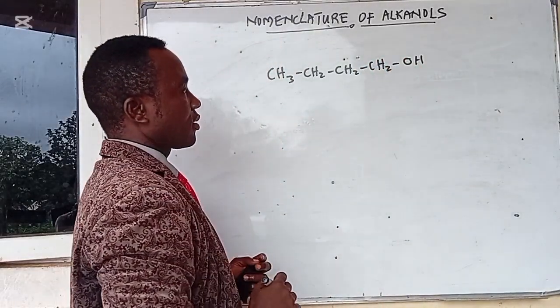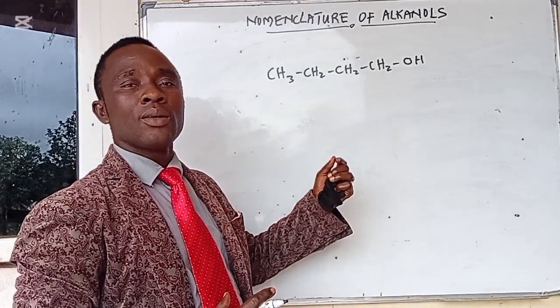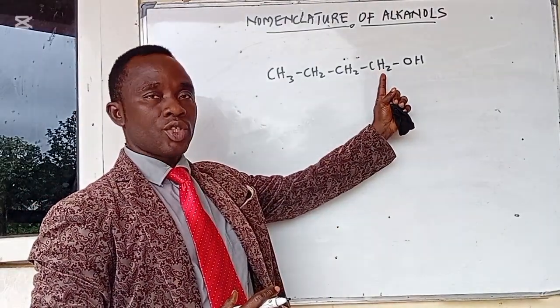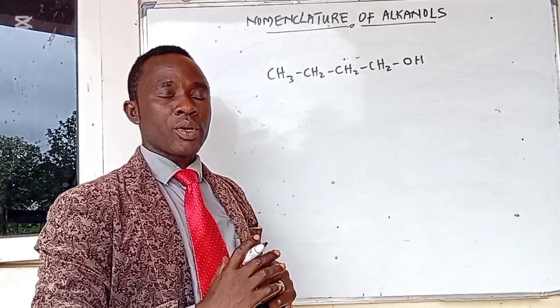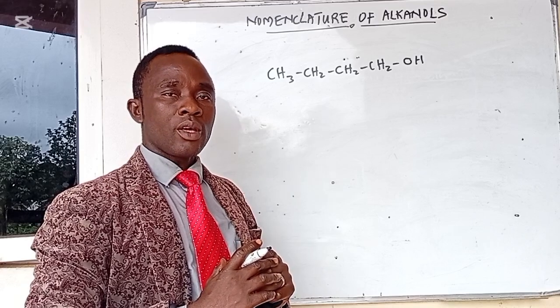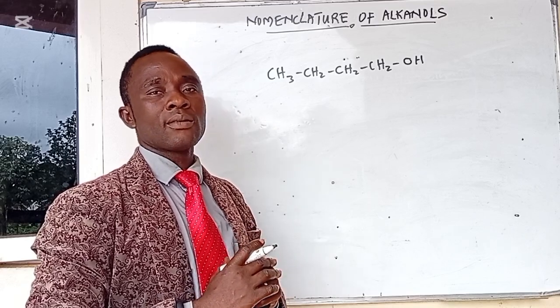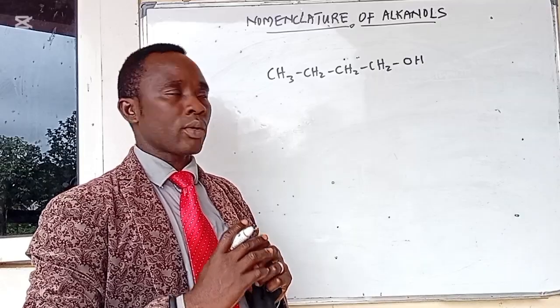You have to number to determine the longest carbon chain that bears the OH. You number in such a way that the hydroxyl group is given the least possible number.